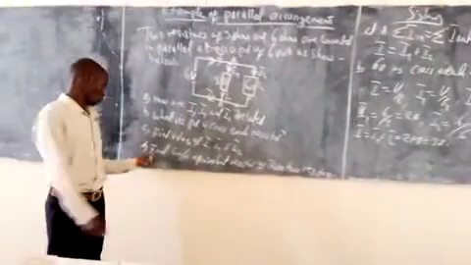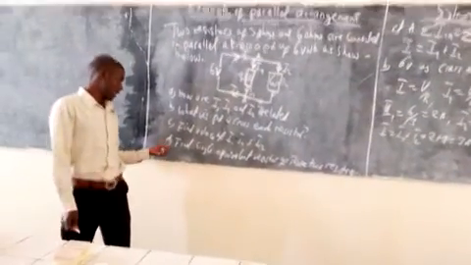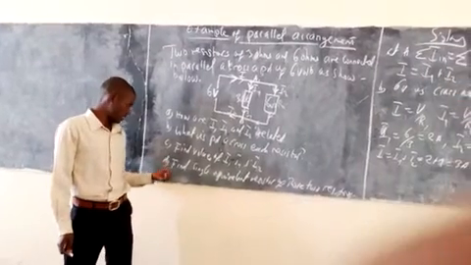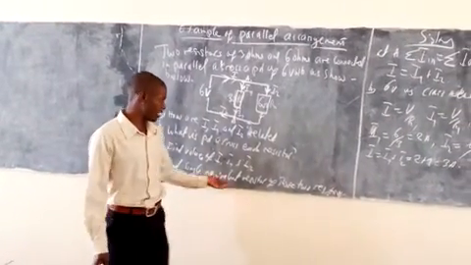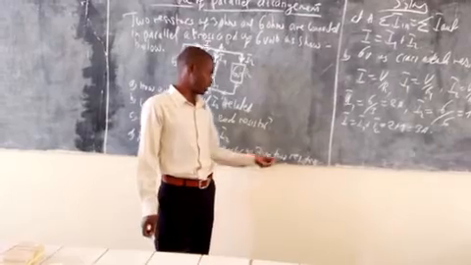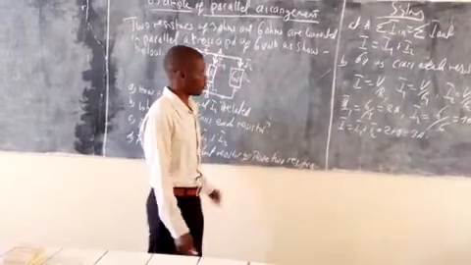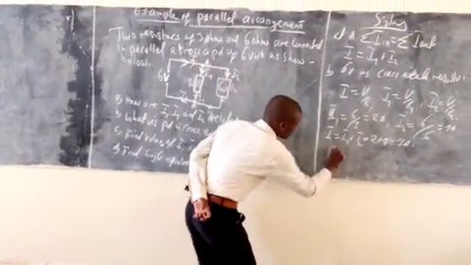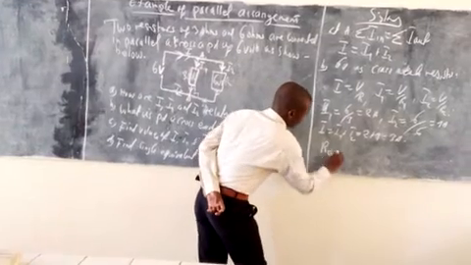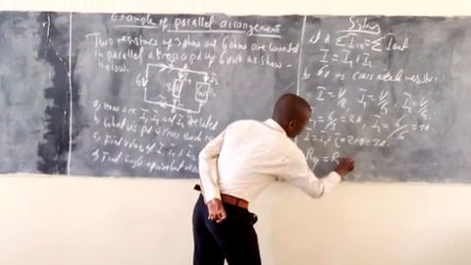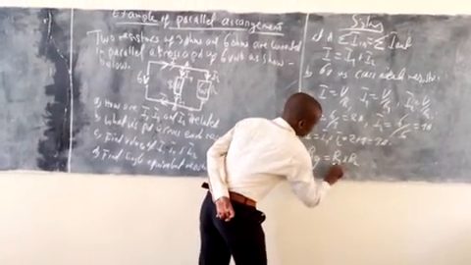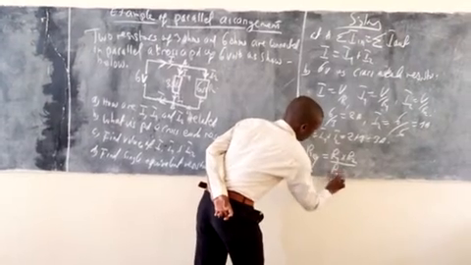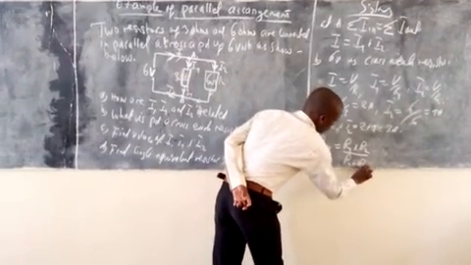Now, number D says find the single equivalent resistor of these two resistors arranged in parallel. We have seen that the equivalent resistance R will be equal to R1 times R2 divided by R1 plus R2.